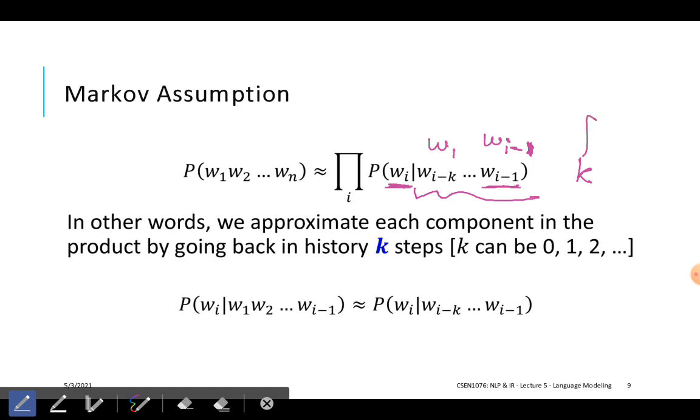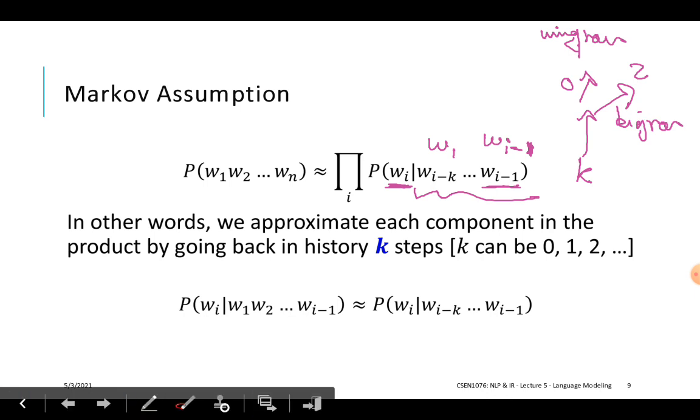Now this k could be 0, indicating that you are just computing the probability of the word with no prior information included. Or you can use k equal to 1 to compute the conditional probability based on a unigram, or k equal to 2 to compute the conditional probability of a word based on a bigram, and so on.